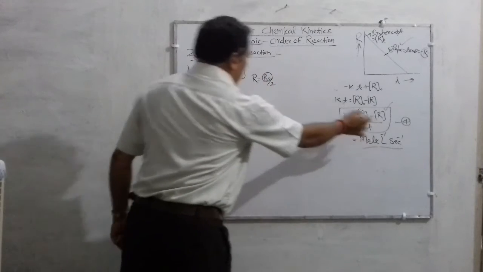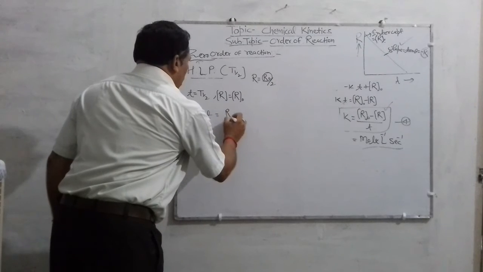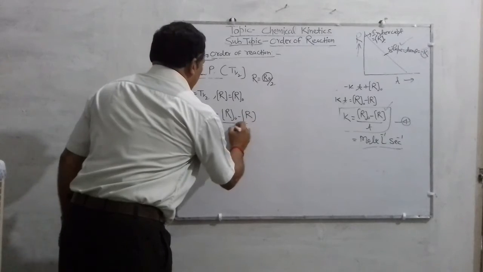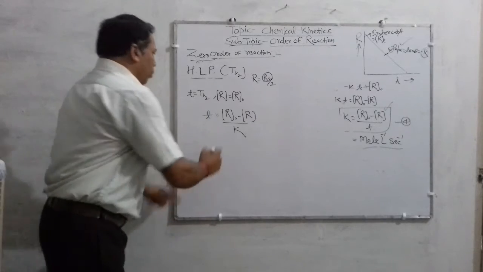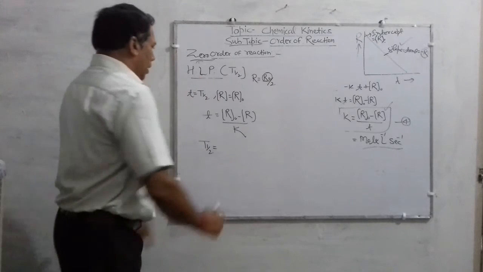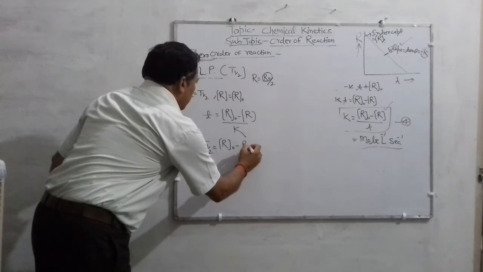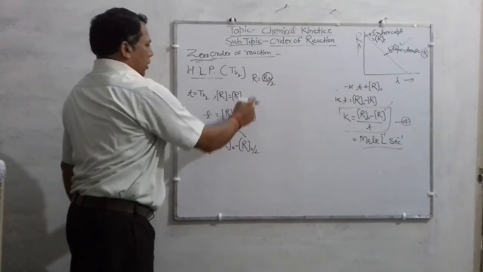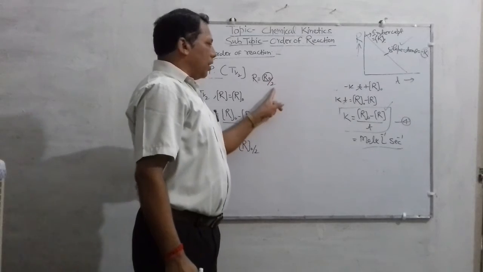So equation 4 can be written as t is equal to R0 minus R by K. Just transpose it. In place of t, put T half, meaning half-life period. That is equal to R0 minus R0 by 2, all by K. Here we are putting R0 by 2 because it is half of the initial concentration.